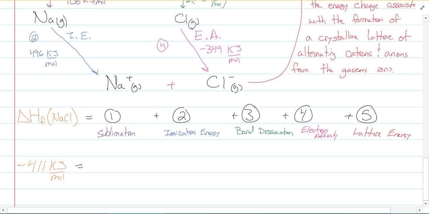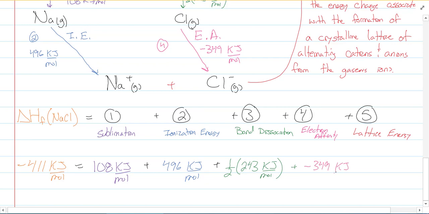And that would equal sublimation, which is 108 kilojoules per mole, plus the ionization energy of 496 kilojoules per mole, with the 1/2 of the bond, which is 243 kilojoules per mole, added to the affinity of negative 349, plus the lattice energy.